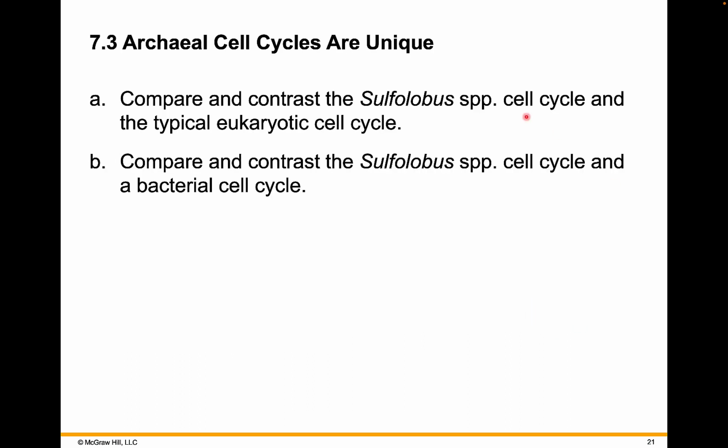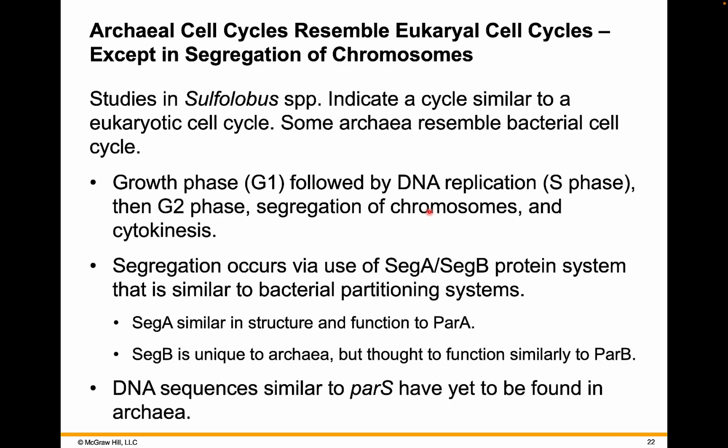On the other hand, for the archaeal cell cycle, we are going to look at Sulfolobus, and it is more similar to a typical eukaryotic cell cycle and different from the bacterial cell cycle. But still, compared to the bacterial cell cycle, very little is known about the archaeal cell cycle.